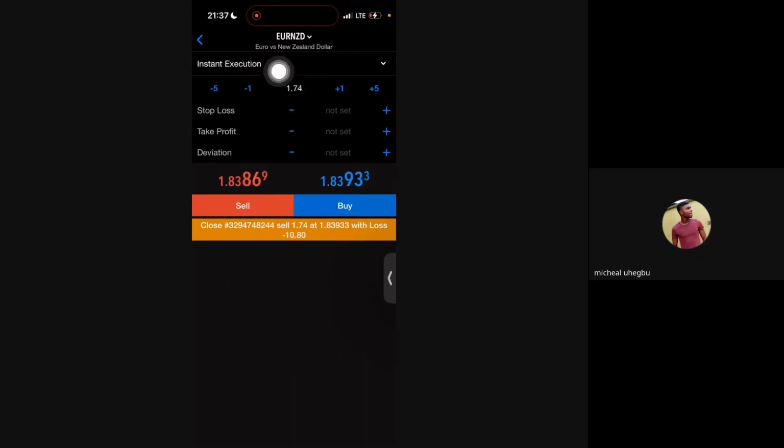If you want to remove 75%, just do your maths: 1.74 divided by 75 over 100. Normal math. And you get the digits, you input it here. Remember to change it. If you don't change it and you leave it like this, you're going to close everything. So just input the digits you want to close and close. And that's it. Okay, thank you.